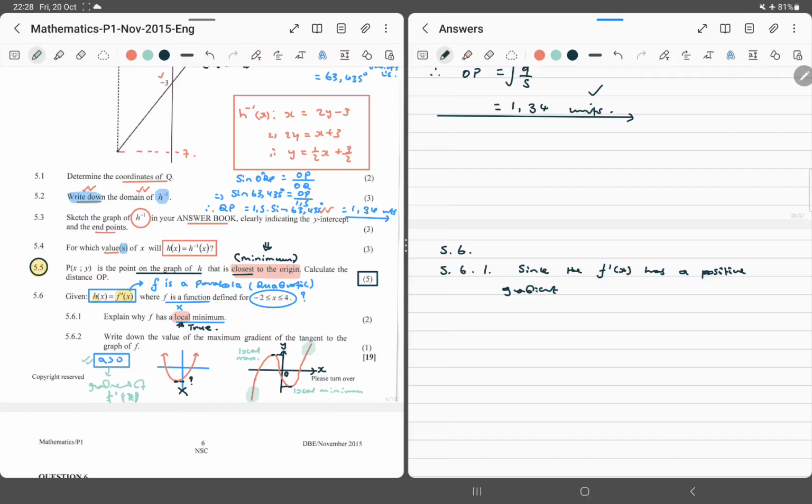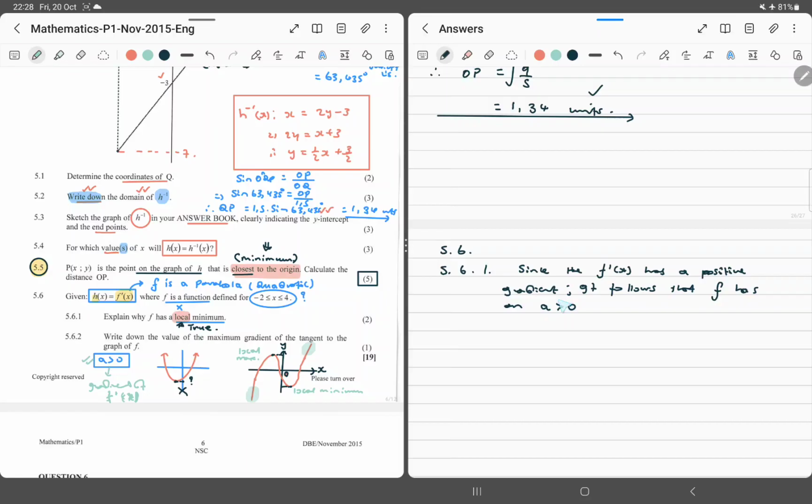we are learning this from this. Since this one has a positive gradient, it follows that f as a function has an a value greater than 0.